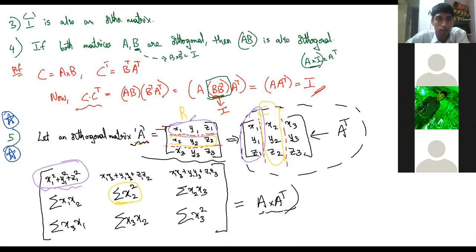That means if I take the transpose here, मतलब ये matrix यहाँ आएगा और ये matrix यहाँ आएगा.